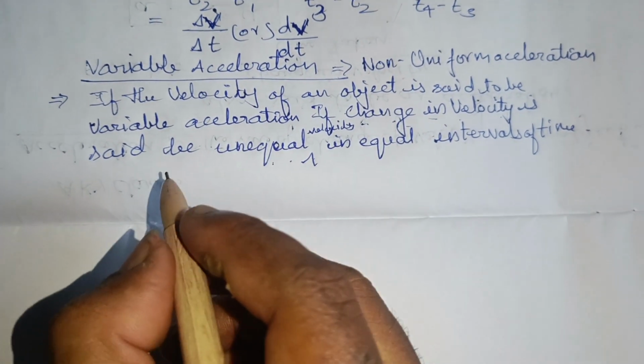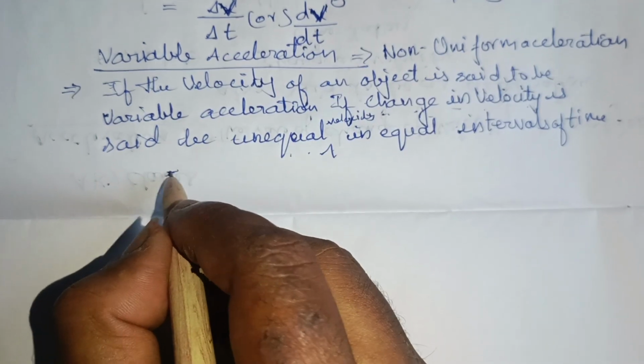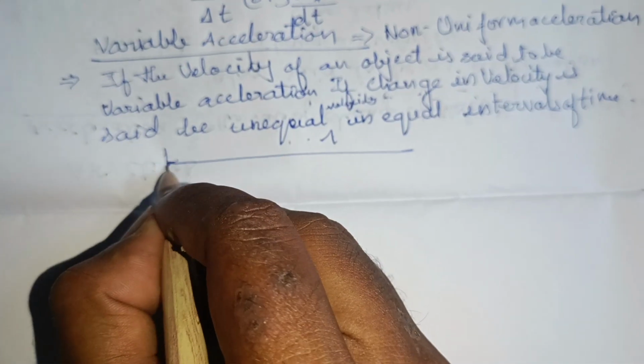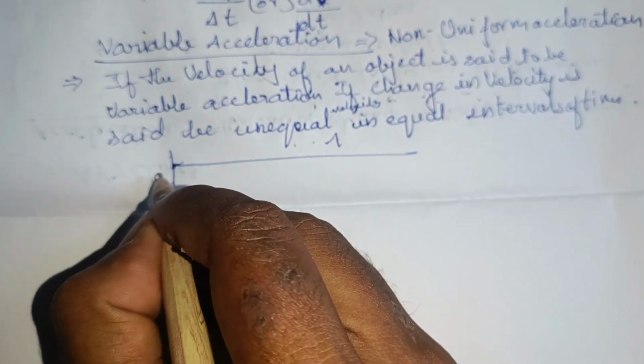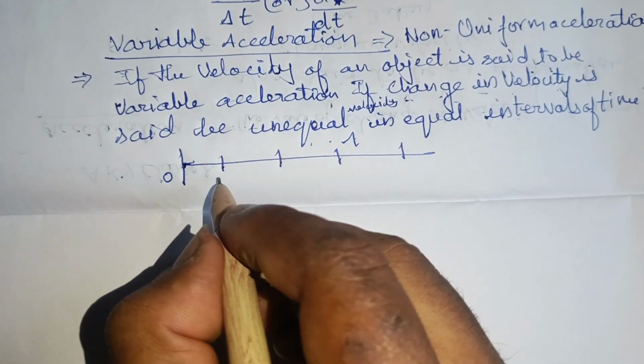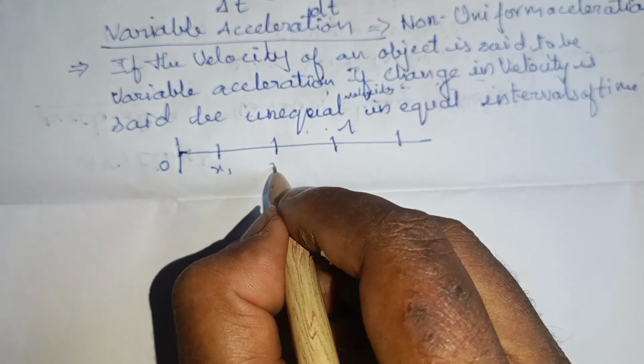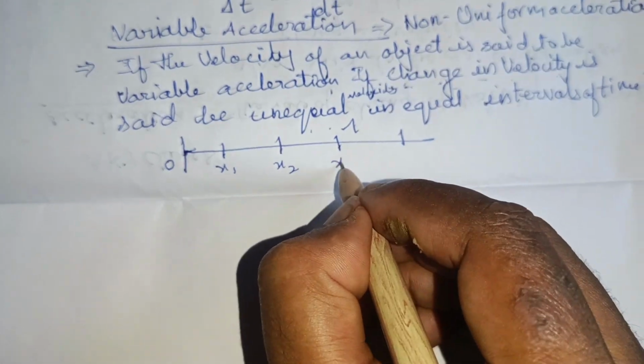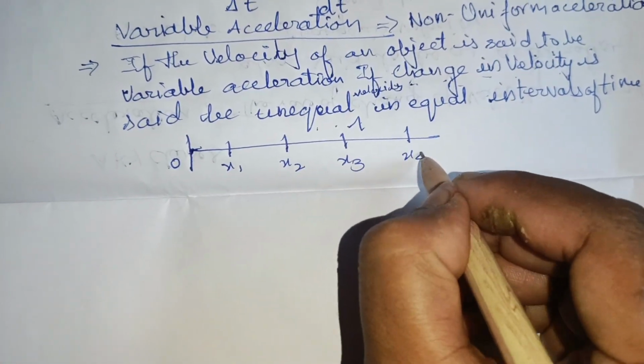We can also represent this in the form of a diagram. This is my 0, 1, 2, 3, 4. Here is x1 distance, x2 distance, x3 distance, x4 distance.